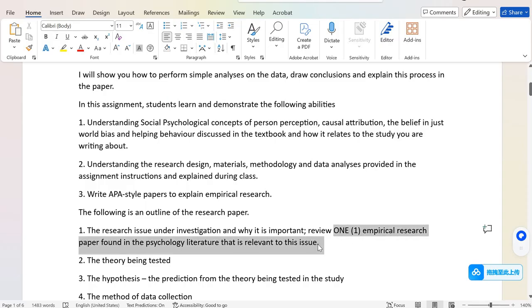The reason that you need to cite or review an article is that you show the research issue is relevant. It is part of psychological research. It is connected to the literature.